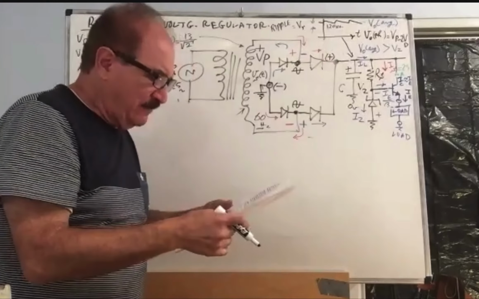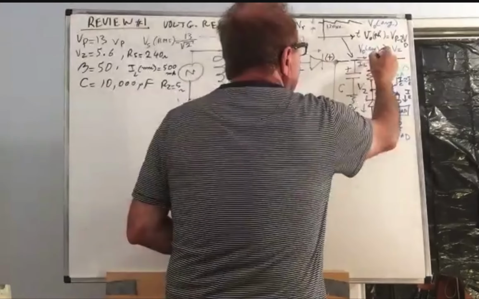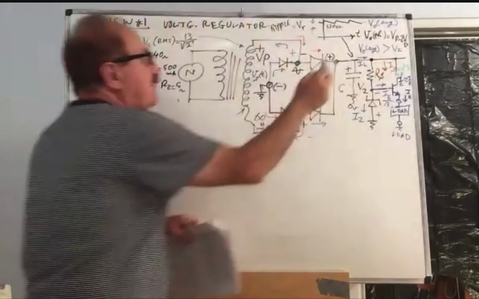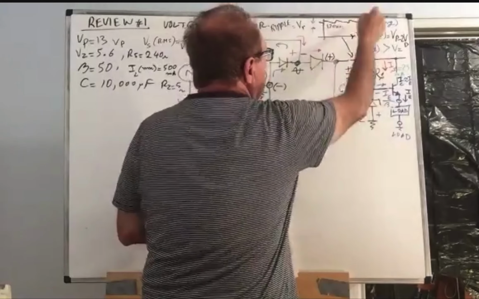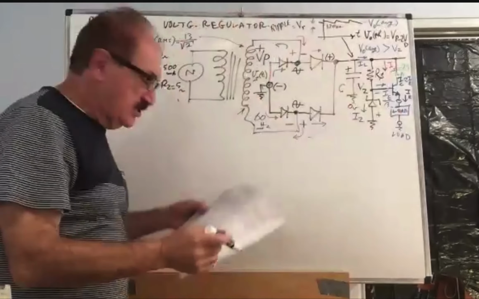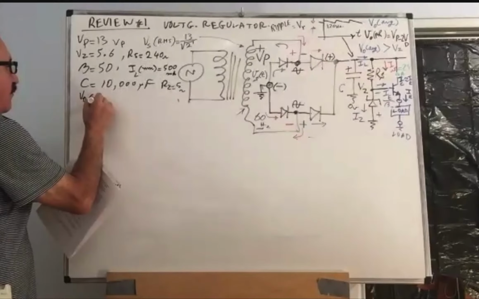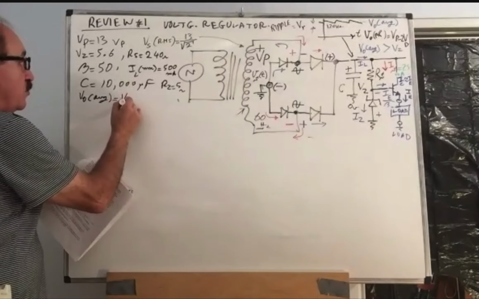The following can be determined. Number one, first find the average voltage here. The average voltage, which is the centroid of that triangular, is approximately VO peak.